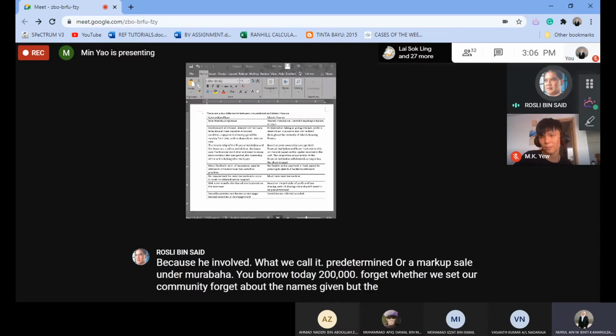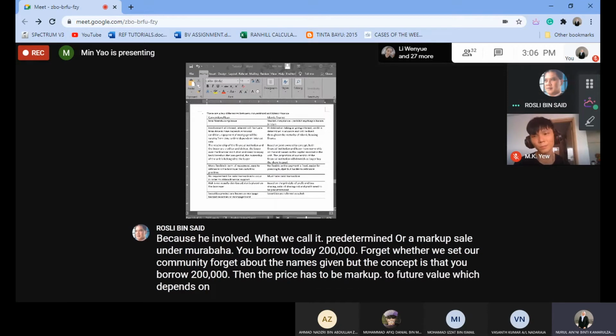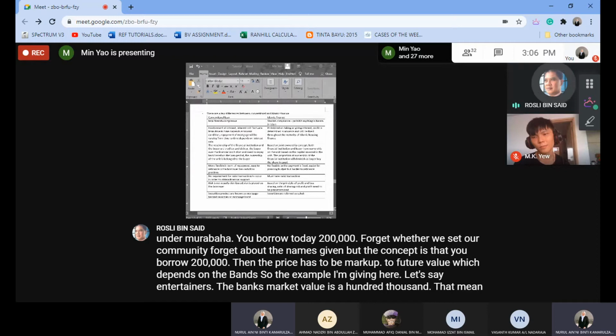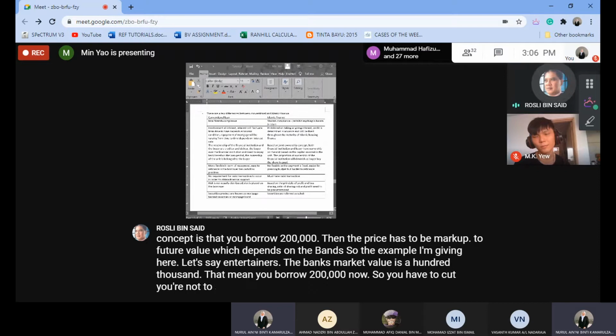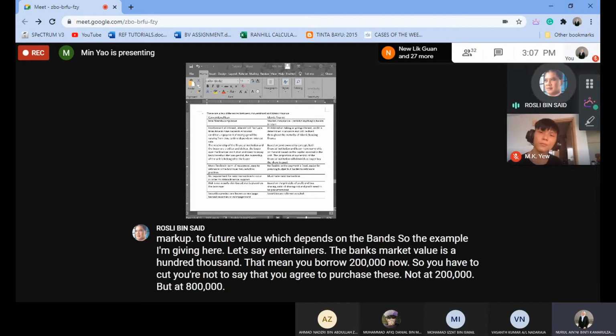But the concept is that you borrow 200,000, then the price has to be marked up to a future value, which depends on the banks. So in the example I'm giving here, let's say in 30 years, the bank's marked-up value is 800,000. That means you borrow 200,000 now, so you have to make the akad, to say that you agree to purchase this not at 200,000, but at 800,000 on a deferred payment basis.